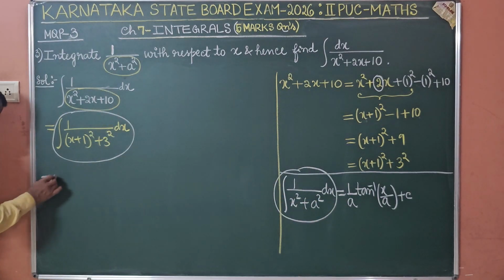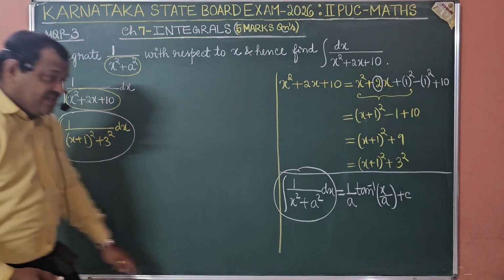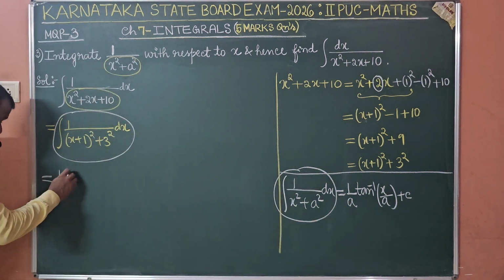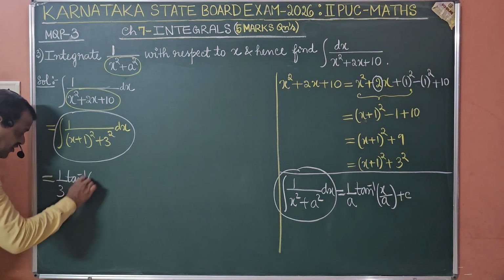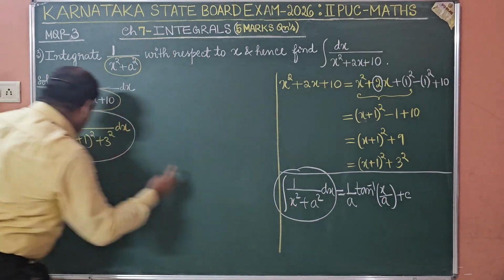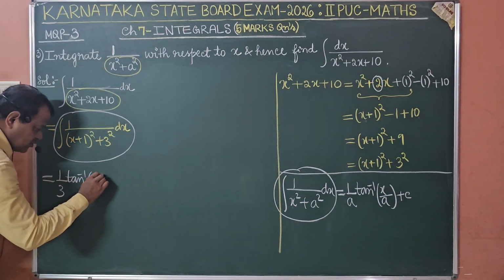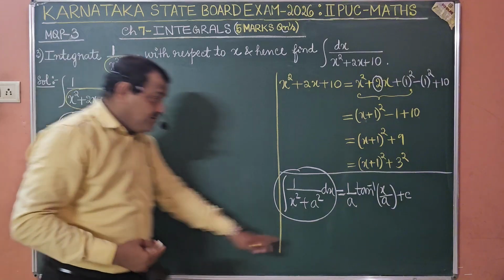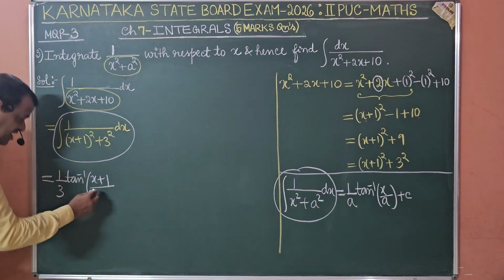Therefore, I will substitute on the right hand side: 1 by a means 1 by 3. Then tan inverse of, then I need x. In place of x, we have x plus 1. x plus 1, divide by a, a is this 3.